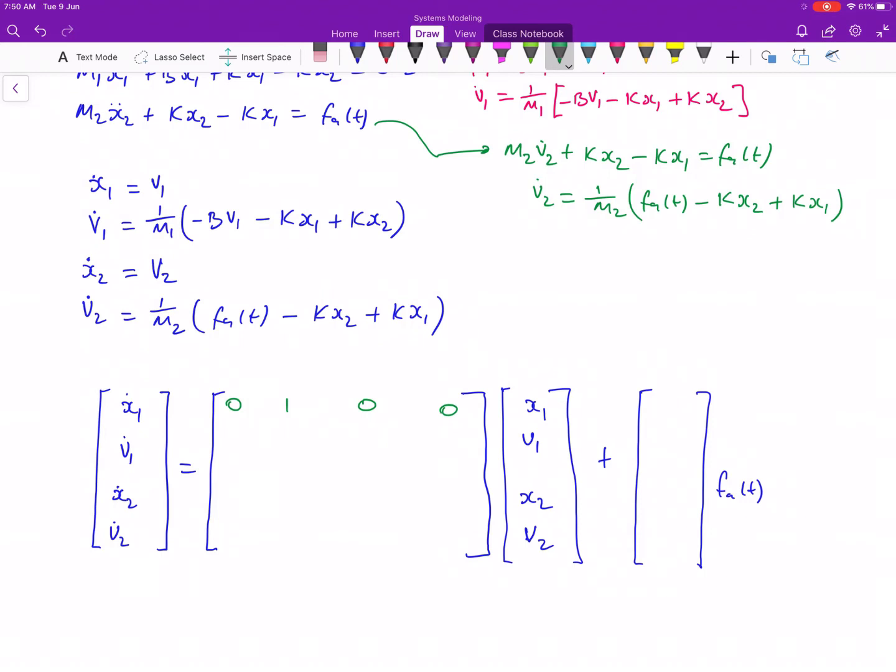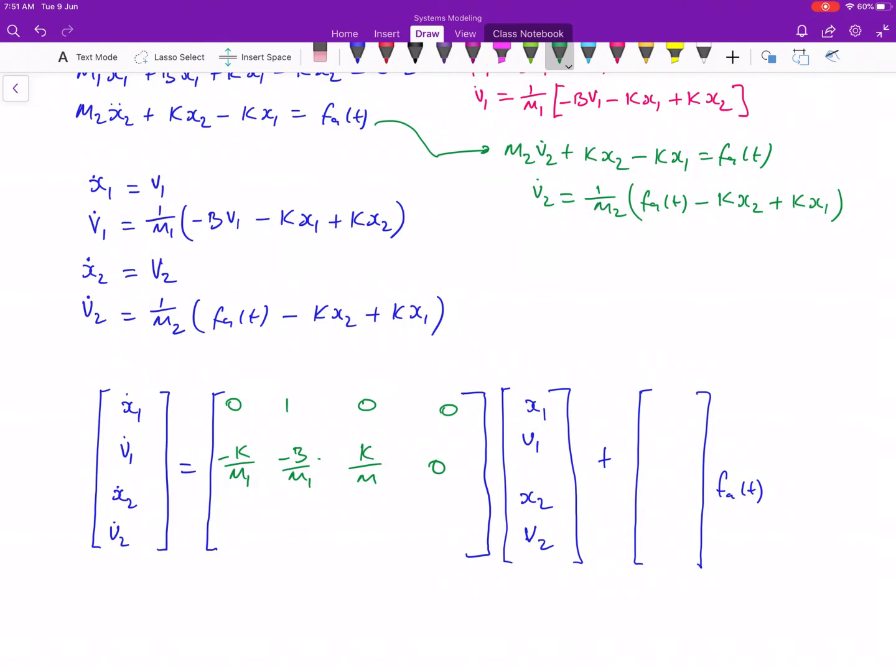For v1 dot, we are going to have minus k over m1, minus b over m1, then k over m1, then 0. So for x1 we have minus k over m1, v1 we have minus b over m1, x2 we have k over m1, and v2 we don't have anything, hence it is 0.